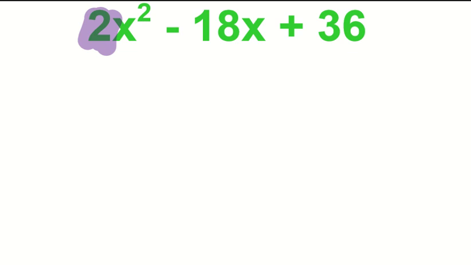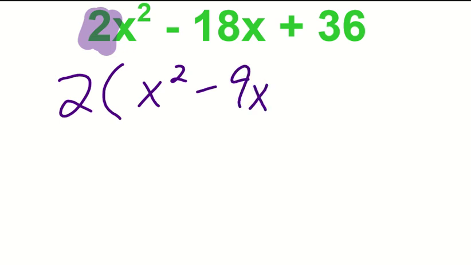I did an easy one, that's 2. These are all even numbers, right? So that means I can factor out a 2. So I would have a 2 in front. 2x squared divided by 2 would be x squared. Minus 18 divided by 2 is minus 9. 36 divided by 2 is 18. Right?